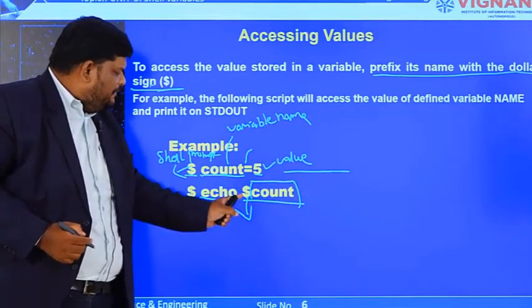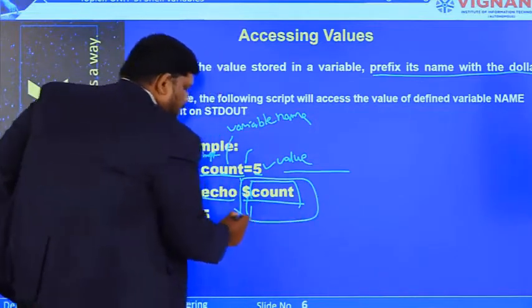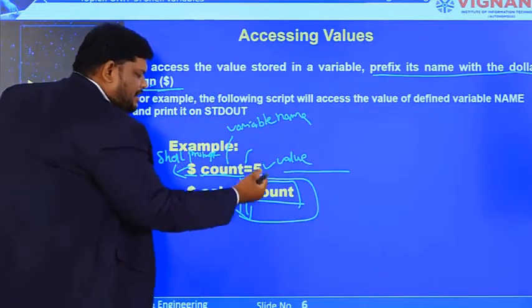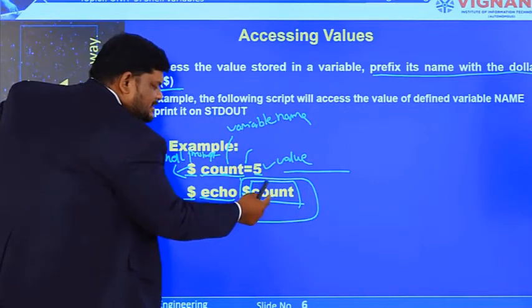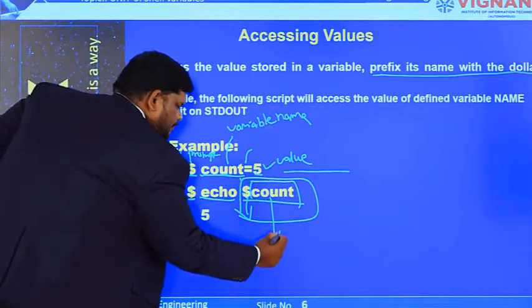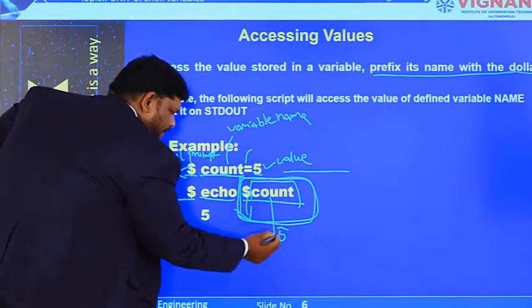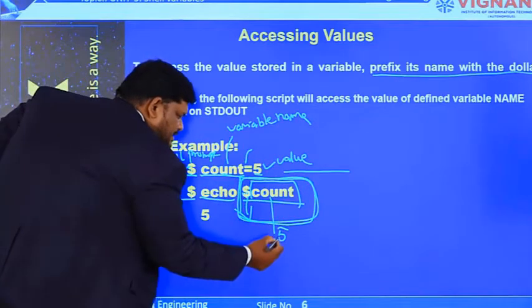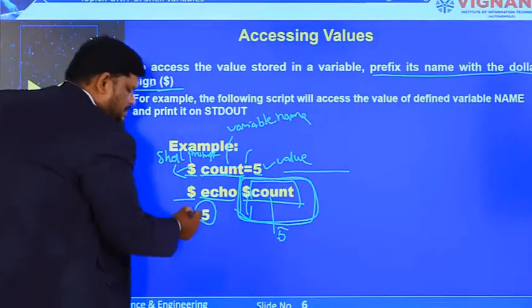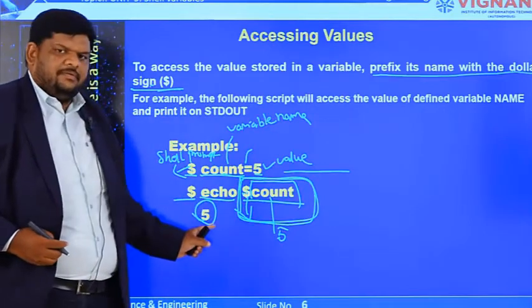With the help of this dollar sign, this complete syntax means we are going to access the value that is present in count. If count contains the value 5, the complete replacement of dollar count is 5. So for echo the argument is 5, and that's why on standard output it displays the value 5.